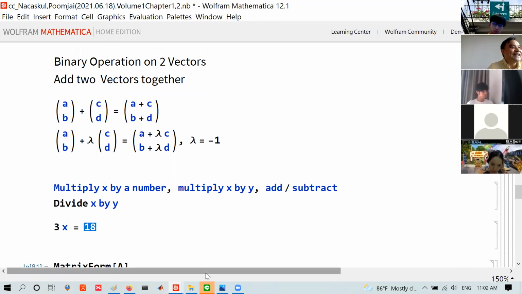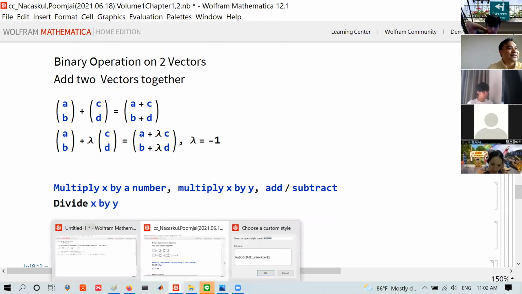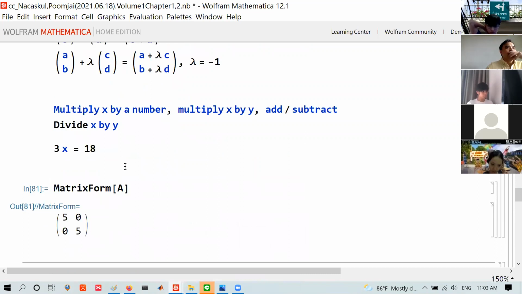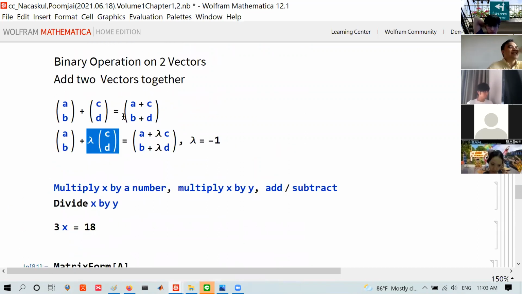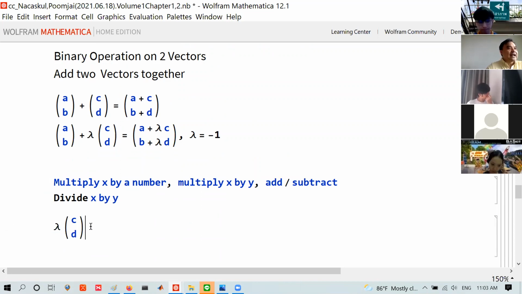So you want to do some kind of division, but this is division by a number. So let's say I do this. Now let's see if we can do the equivalent of that. I can do this, right? Lambda CD is equal to... Sorry.